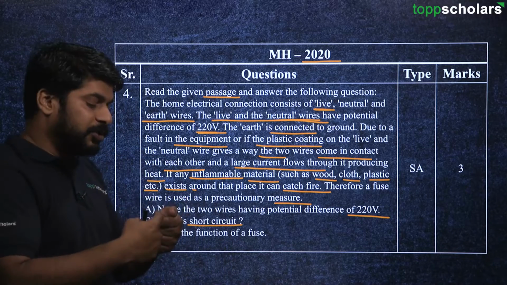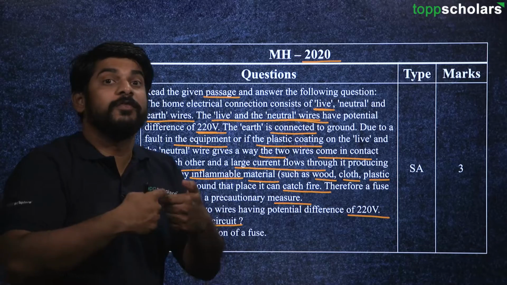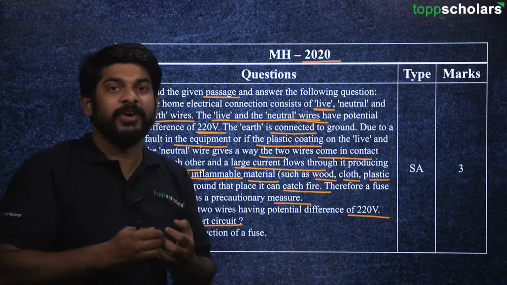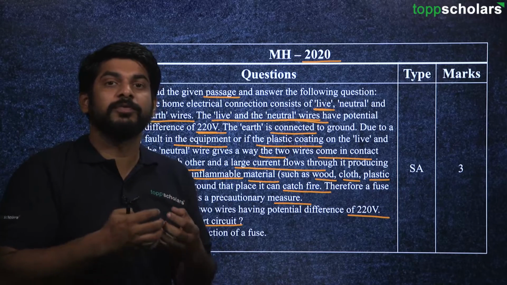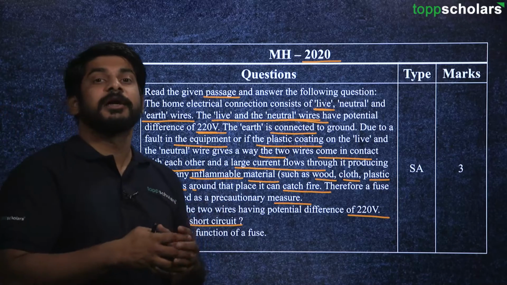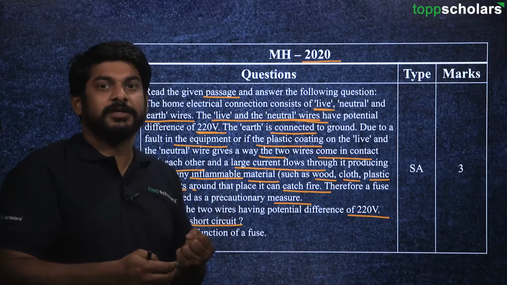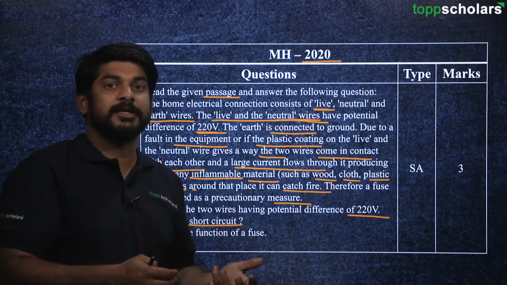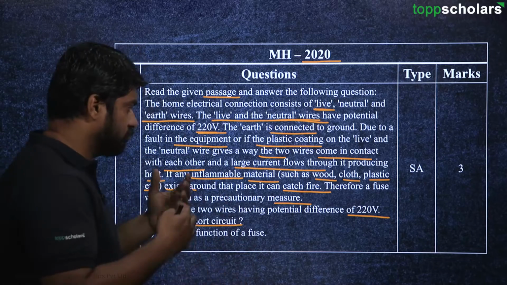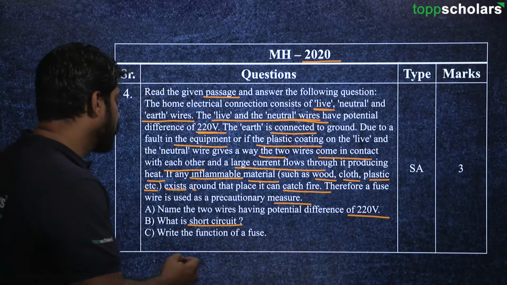That means a very large current will flow through the circuit, causing a large heating effect, due to which a huge amount of heat will be generated. If there is some material which can catch fire, like clothes or wood, then definitely it would catch fire and might cause some damage to the house also. So this is short circuit.